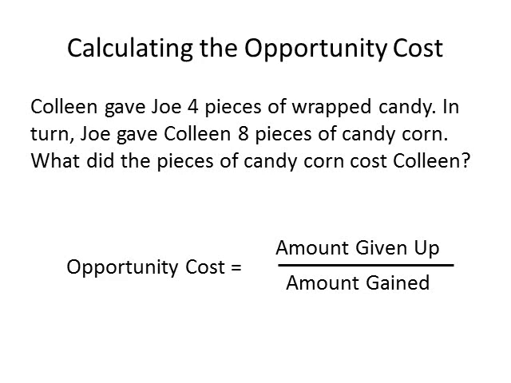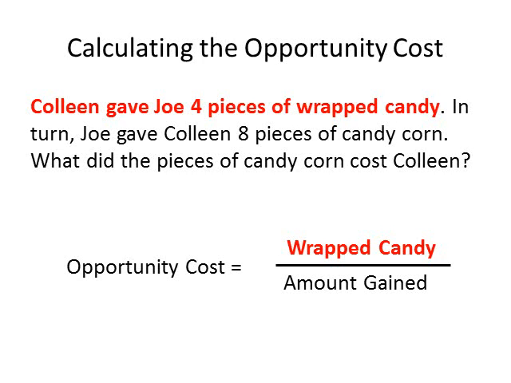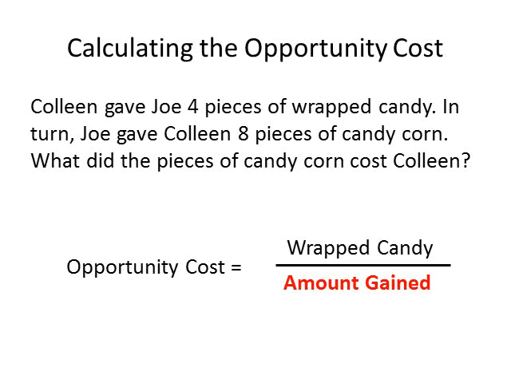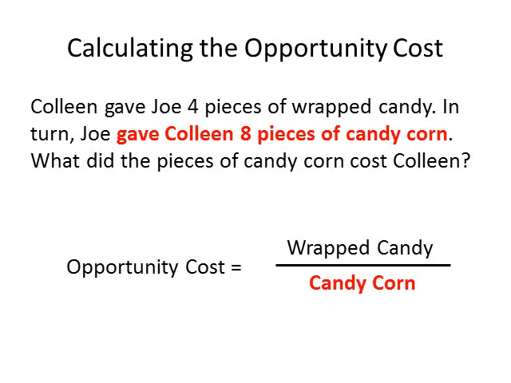First, we'll need to write down the formula, the amount given up divided by the amount gained. Second step is to determine what was given up. In this case, Colleen gave up wrapped candy. The next step is to determine what was gained.